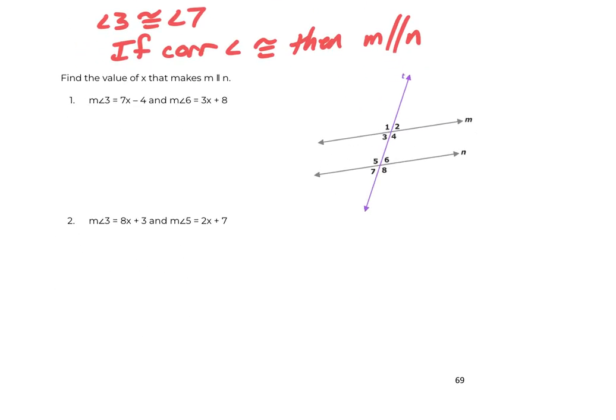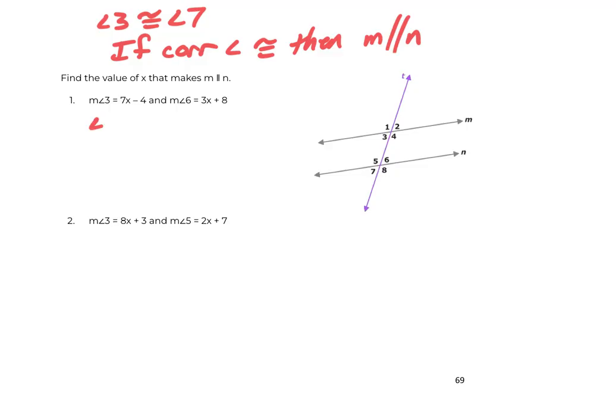Okay, down here on these two, kind of like we did on the last page, what value of x makes M and N parallel? So here's 3 and here's 6. What kind of angles would 3 and 6 be? Alternate interior.